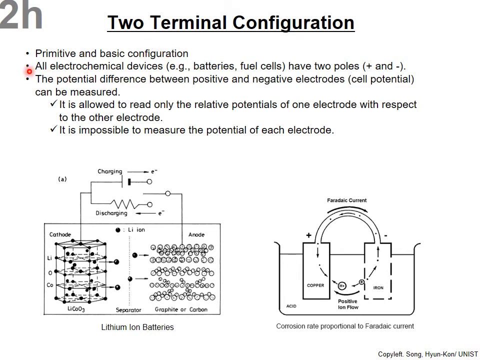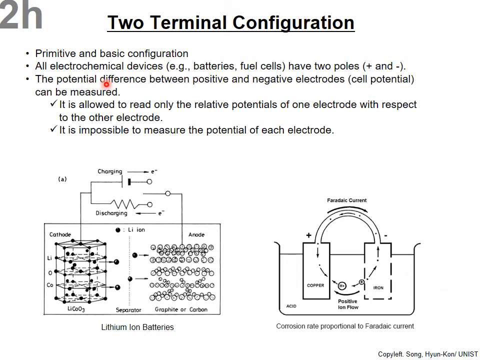Therefore, all electrochemical devices like batteries and fuel cells have two poles or two electrodes, including a positive electrode and a negative electrode. Here is another example which has been used in previous slides. The copper iron cell, or actually the proton iron cell, has only two electrodes, not a single electrode, not three electrodes or more.